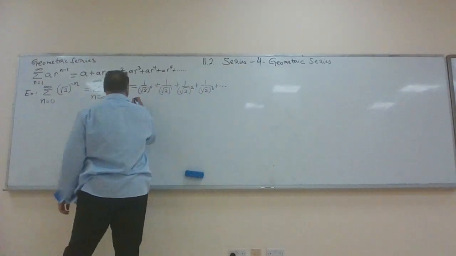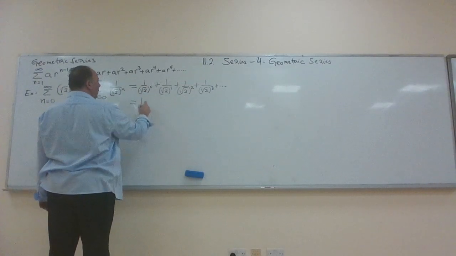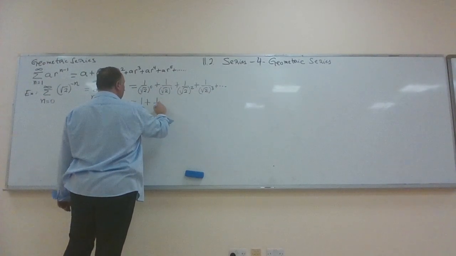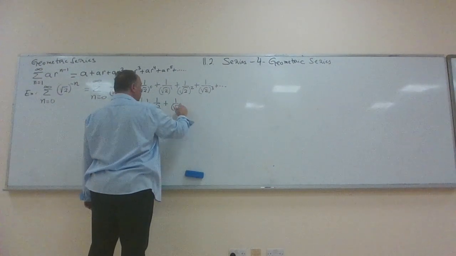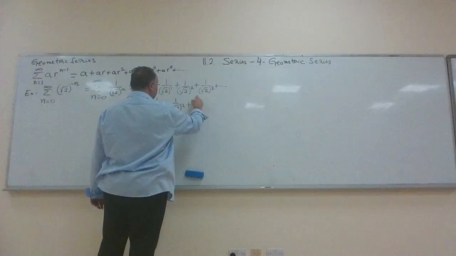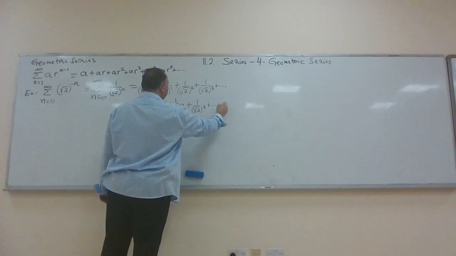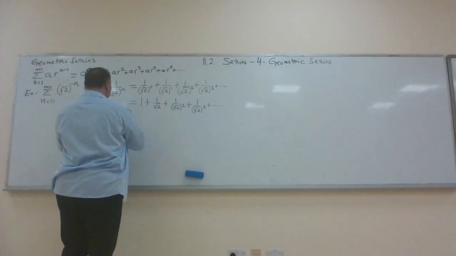So here, what do I see? This is 1 plus 1 times 1 over radical 2 plus 1 times 1 over radical 2 squared plus 1 times 1 over radical 2 to power 3 plus and so on. So here A is 1.